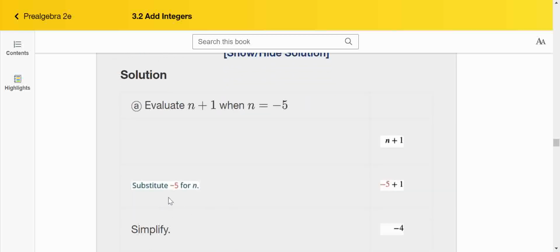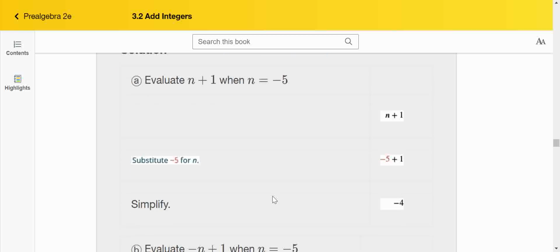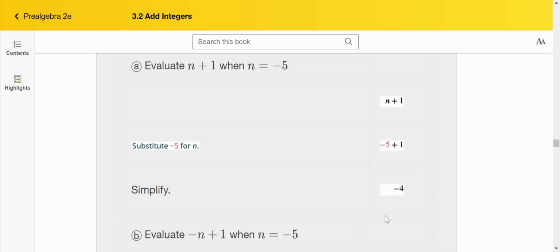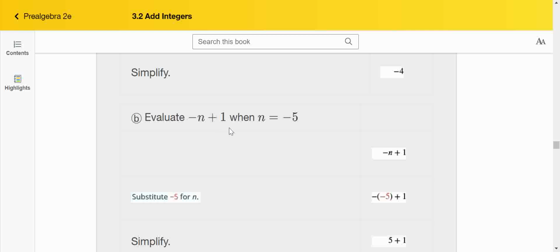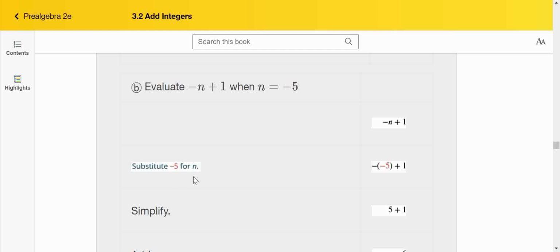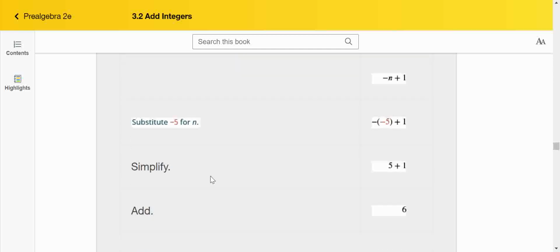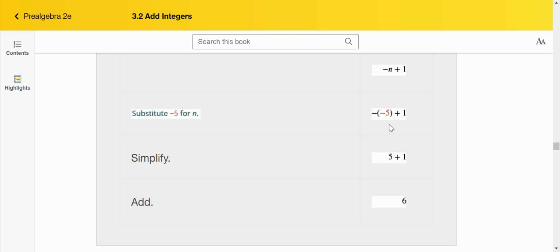We'll substitute in minus 5 for n, simplify, and just like our counter model above, minus 5 plus 1 is equal to minus 4. B, evaluate minus n plus 1 when n equals minus 5. Substitute minus 5 for n. That becomes minus 5 plus 1. Simplify and add, and you get 6.